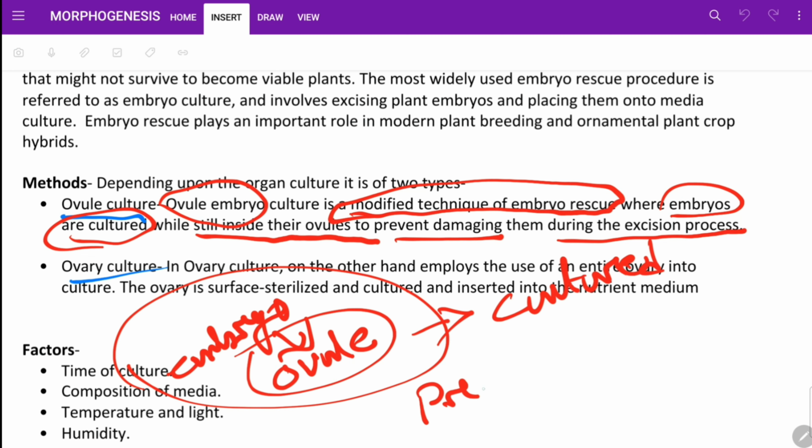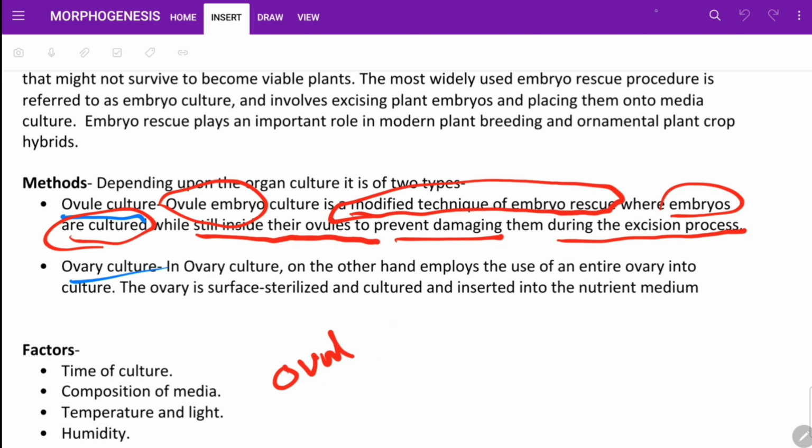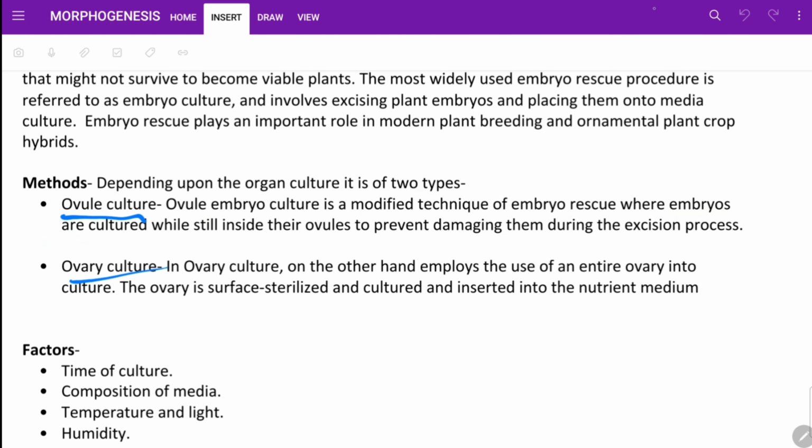To prevent damage during excision, where we are taking the embryo out from the ovule, so we are not risking damage. To prevent damage during excision, the embryo is cultured while it is still inside the ovule. It is a modified technique.